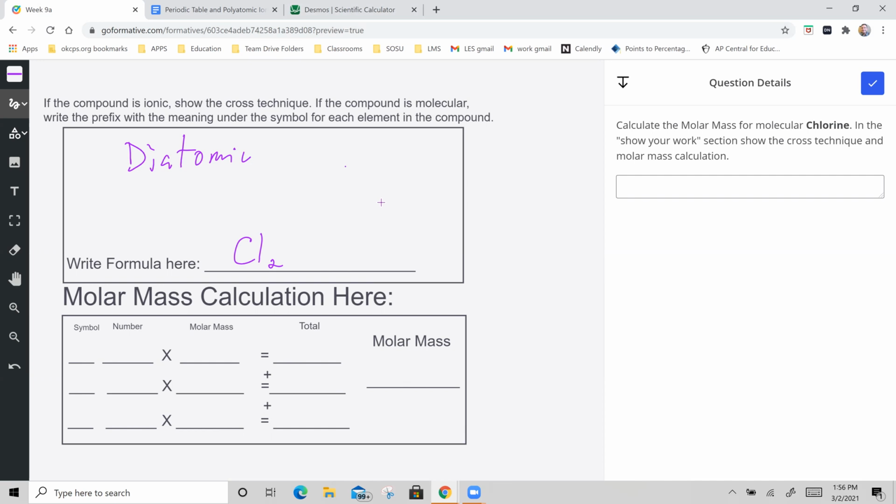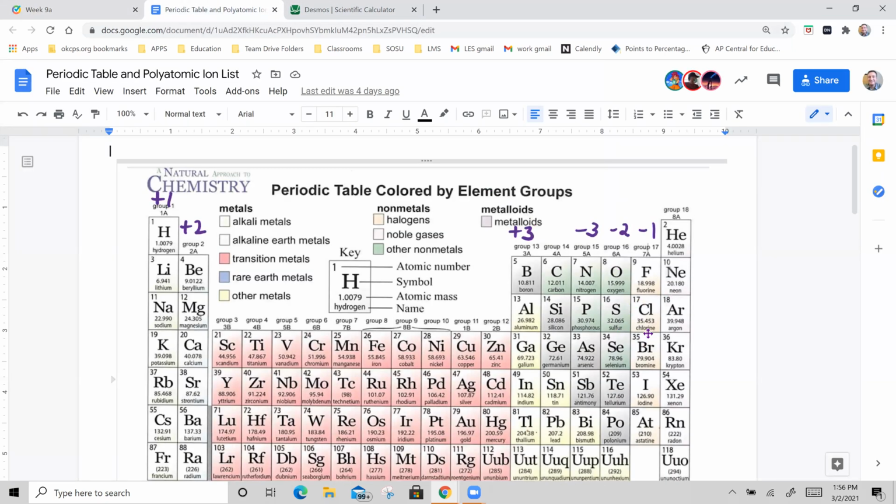And so what elements do I have in chlorine? Does anyone tell me? That's right, chlorine. And we only have chlorine, so we're not going to need these other two sections here. And so how many chlorine do we have in Cl2? Yes, 2. And so we have to go find the molar mass of chlorine. And we go over here and we see that it's 35.453.